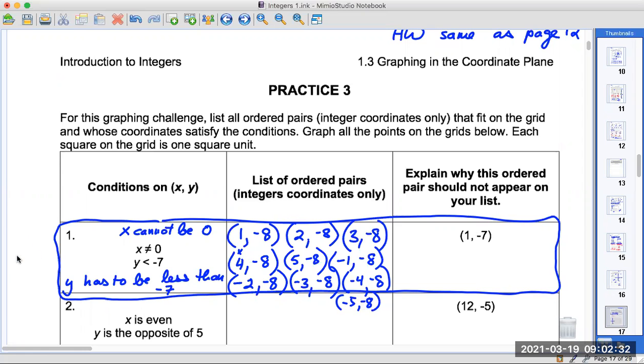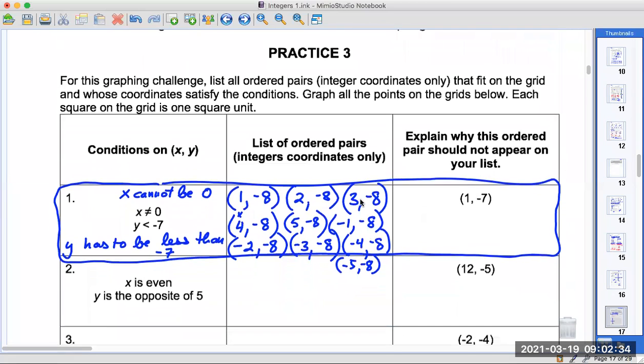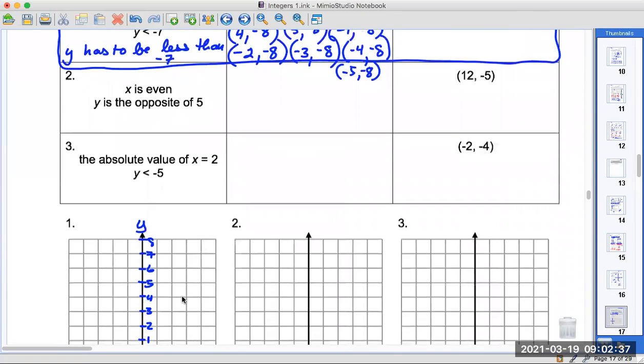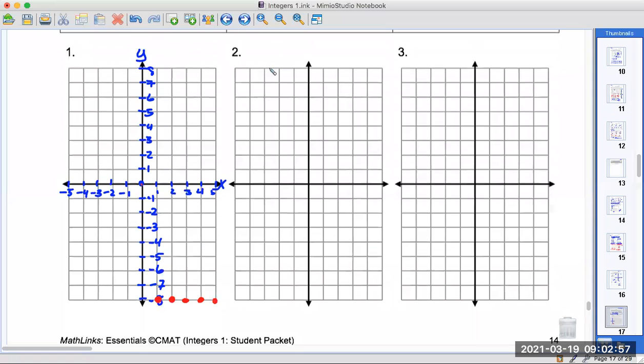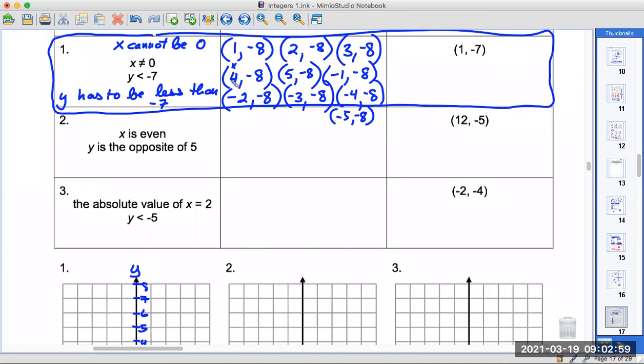So if we plot those, we'll see. I plotted the first two, then let's do 3, negative 8. Start at 0, go to 3, and down to negative 8. Then 4, -8, start at 0, go to 4 and down to -8. And 5, -8, start at 0, go to 5 and down. Now, we did the positive x's. Notice 4, 5 is as far as I can go. It's called my domain. I can't go any further because my grid is running out.